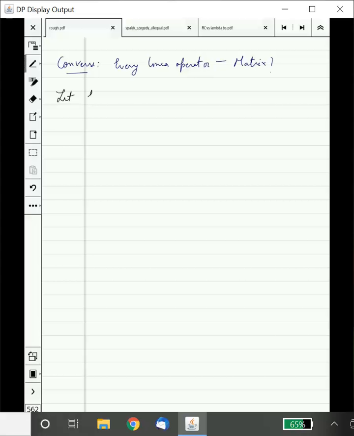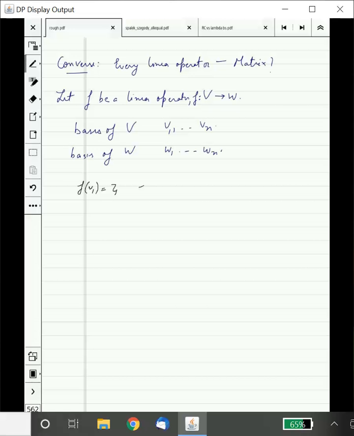Let F be a linear operator, again from V to W. In this case, I will first choose a basis of V. I can say it is v1 to vn. Similarly, I will choose a basis of W. Let's say w1 to wm. I know that F of v1 will give me some z1, F of v2 will give me some z2, F of vn will give me some zn.